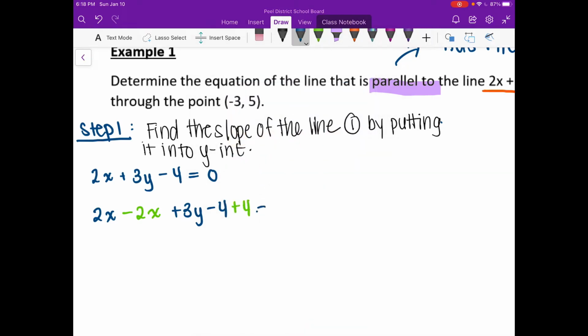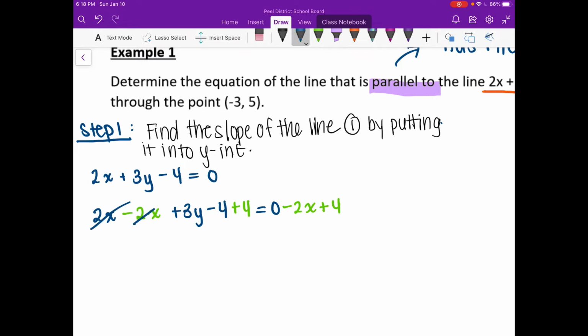Negative 4 plus 4 gives you 0, so we can just get rid of the zeros here, and I'm going to erase them so that I have enough space.